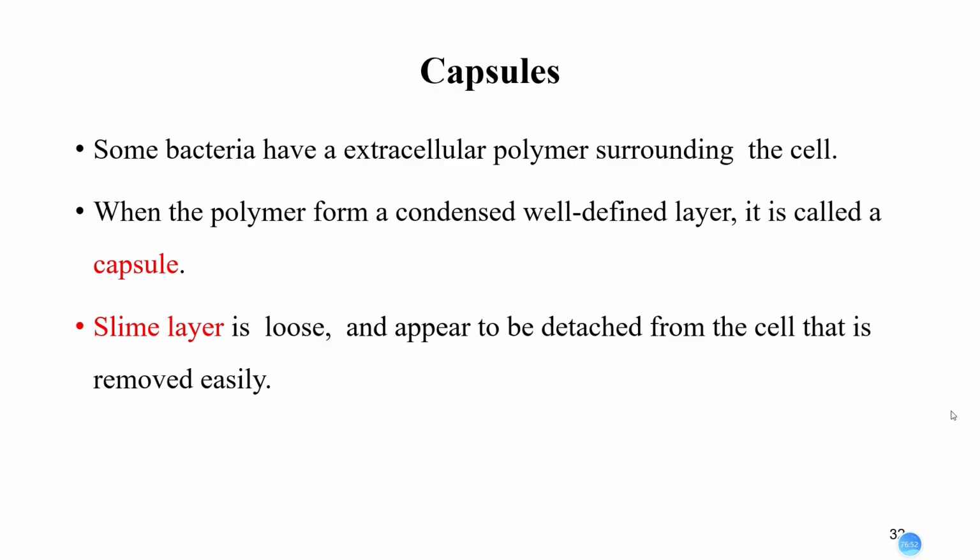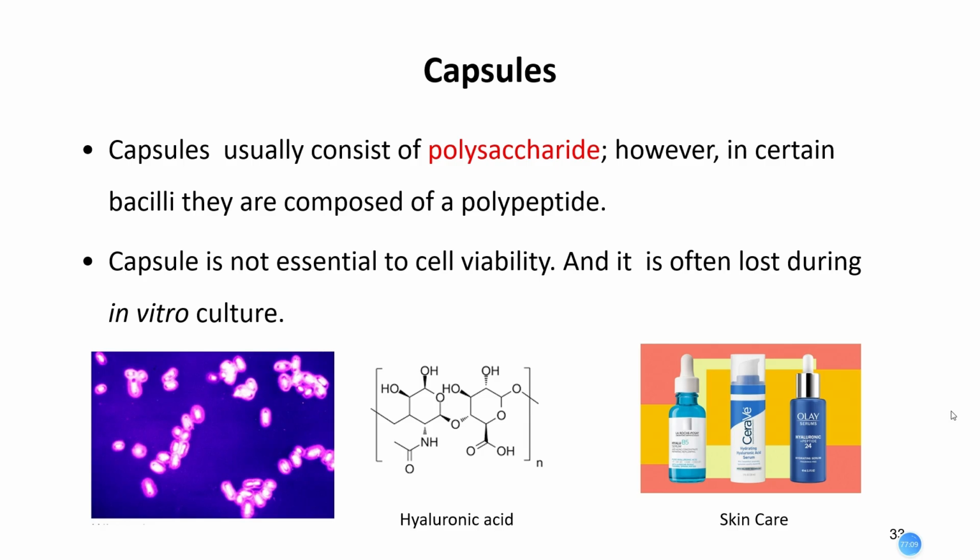For a lot of bacteria, they have a slime layer, and you cannot actually see the structure, but you know there's some layer of material surrounding the cell because it can cover the antigen on the cell. And the components of the capsule can be polysaccharide or polypeptides.